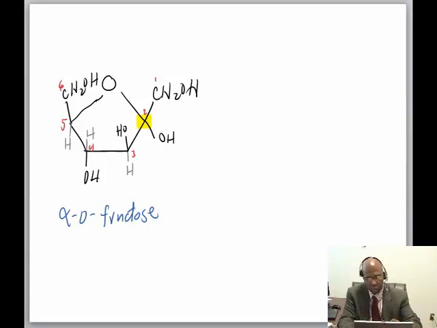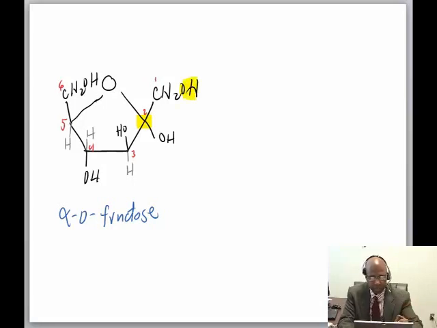So we're going to use this OH to make our phosphate ester. No, let's not use that one. Let's use the 1. So I'm going to undo that. We're going to put our phosphate here.